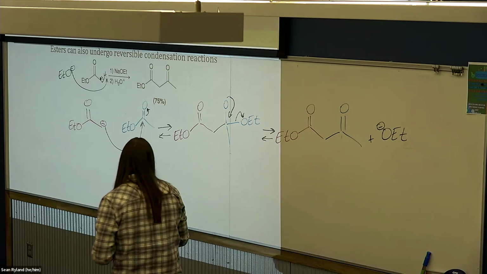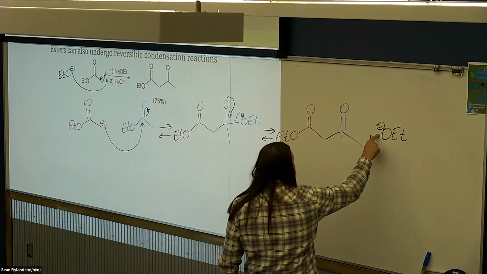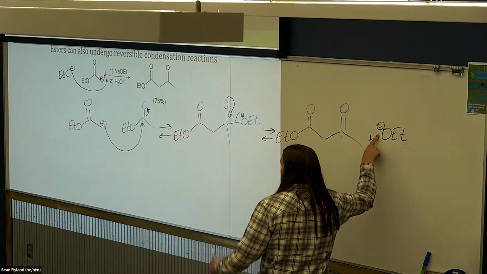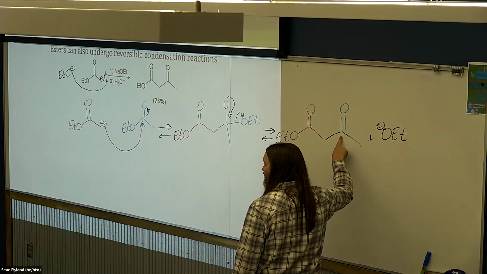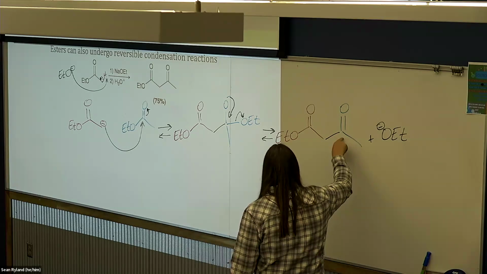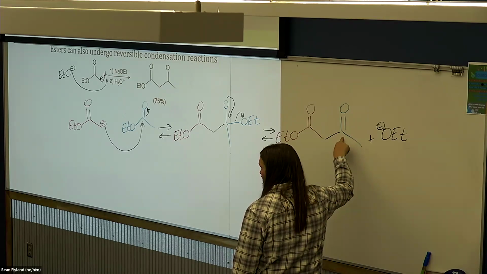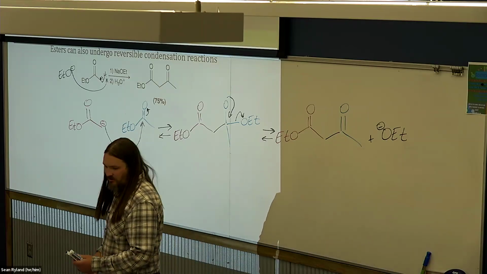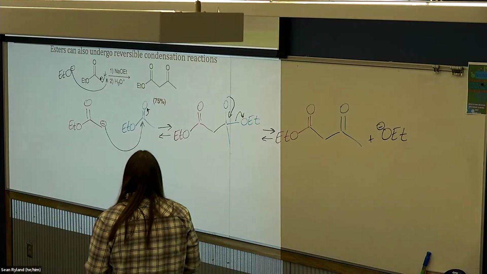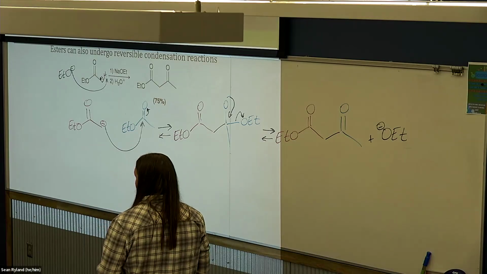And it's reversible because we made a strong base, the same strong base we started with, but that can also act as a nucleophile. If it acts as a nucleophile, it's going to come in and attack right there. And we're going to have each of these happen backwards. So it's very easy to control based on changing the conditions.